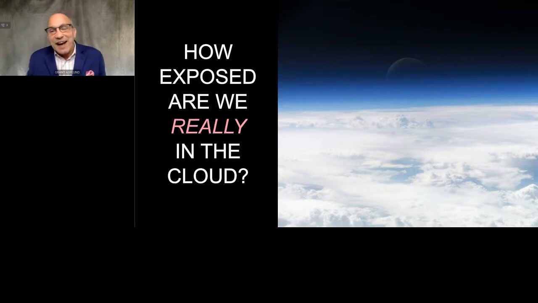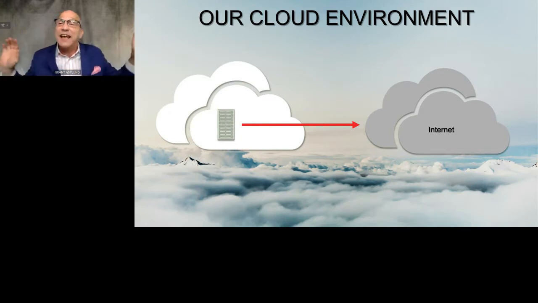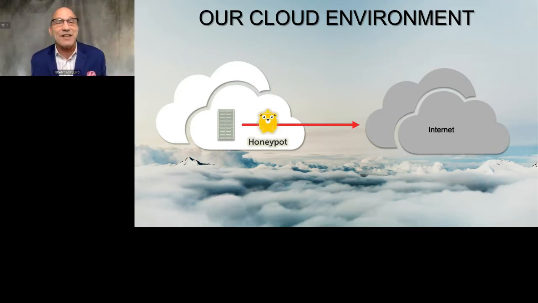We talk a lot about posture and configuration, but I wanted to look at how dangerous it is in the cloud. Is it really that dangerous? So we stood up an internet account, a cloud account that had nothing in it, just a username and password. But we did put in a honeypot, and we wanted to see who's going to be rattling the cages.